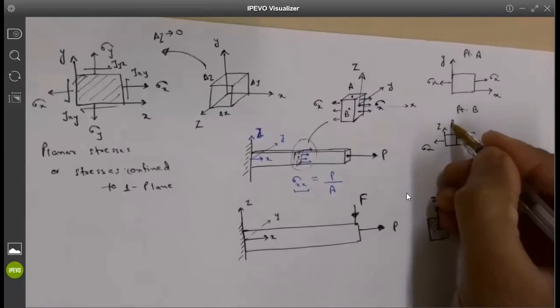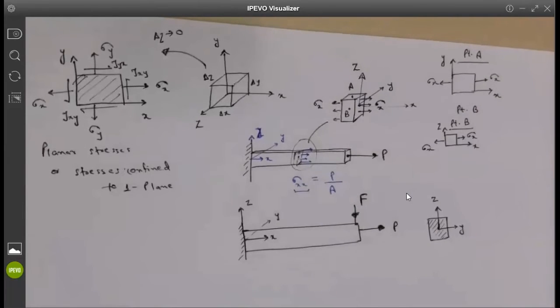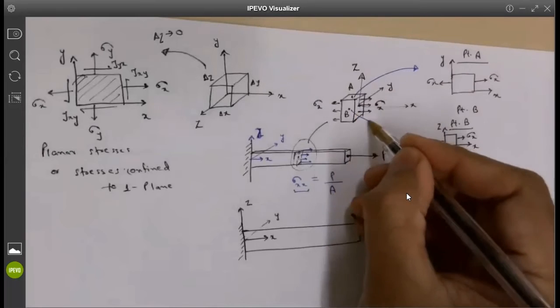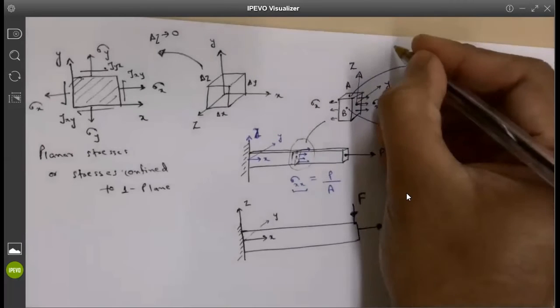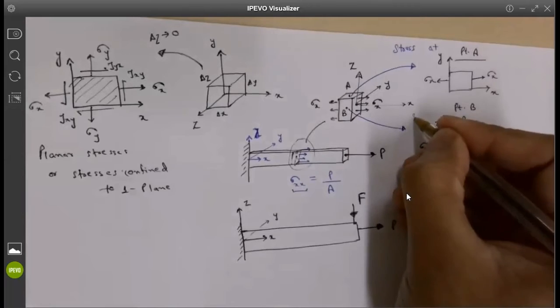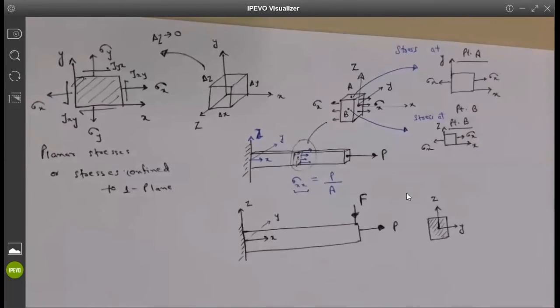Let me know if you are getting what I'm trying to say here. Yes, this is the stress representation for point A, and this is the stress at point B. Yeah, that makes sense.